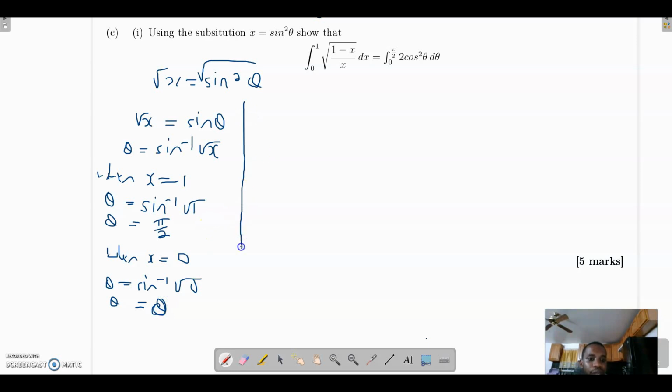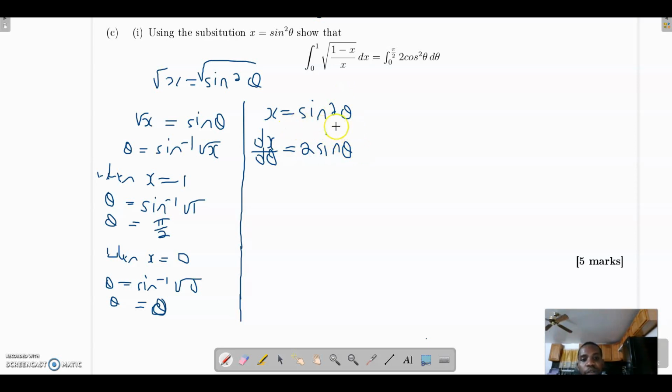All right, let us fix up the other things. The next thing we need to talk about is the dx. If we're changing it in terms of theta, we need to have d theta. So given that x is equal to sine squared theta, we can find dx over d theta. And we're going to have to apply the chain rule here. So we bring the power to the front. So it's 2 sine theta to the power of 1. We don't need to put the 1 there.